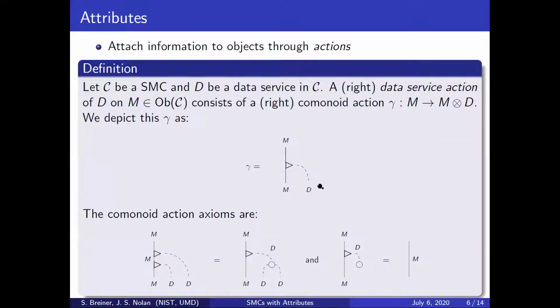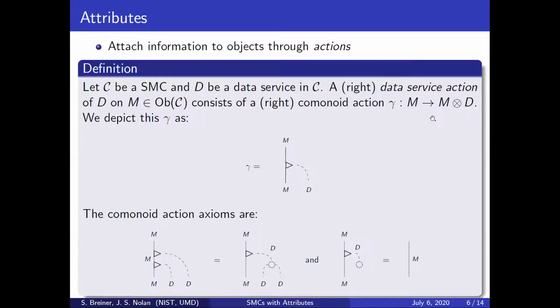So to understand these triangles, we have to figure out how we want to attach values to entities. So for example, we do it through an action of the data service on the underlying entity, which all the information we could want out of that is contained in a comonoid action from the underlying entity to the entity tensored with the data service.